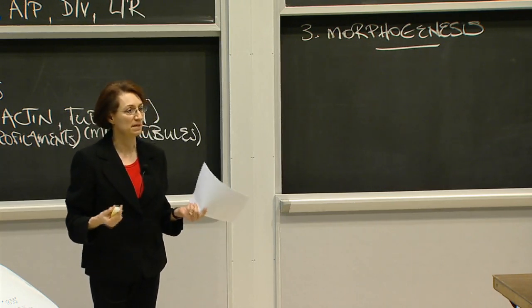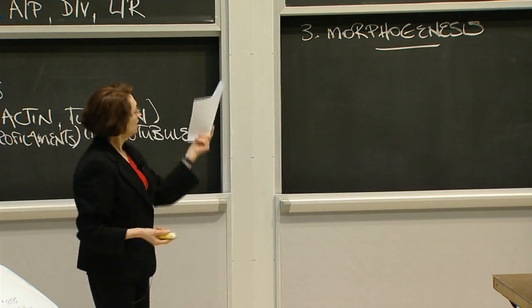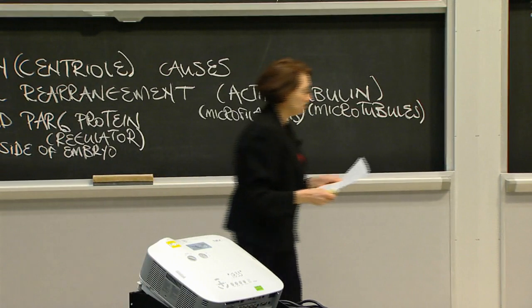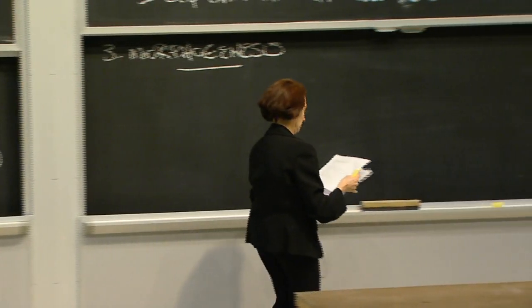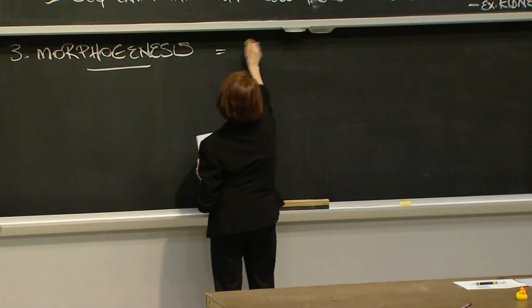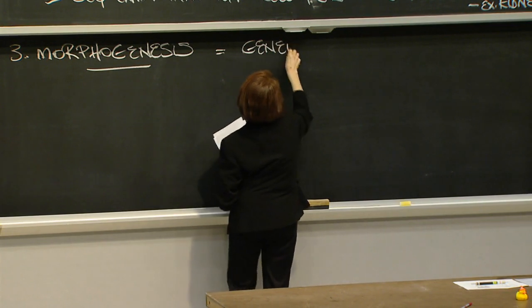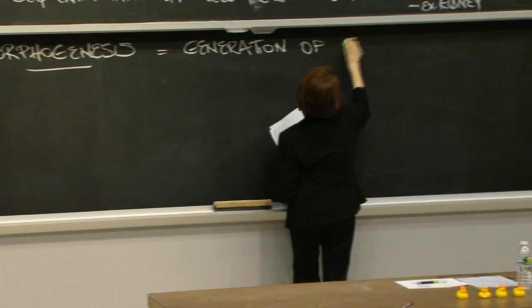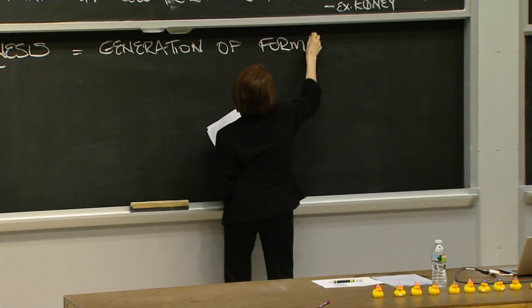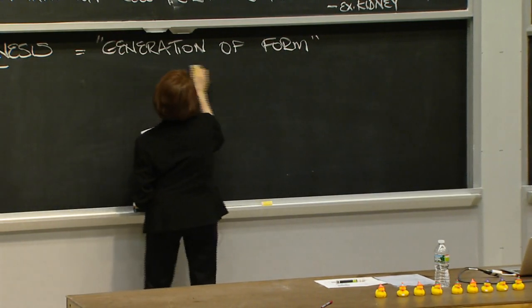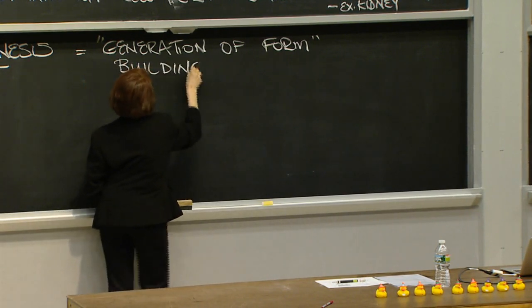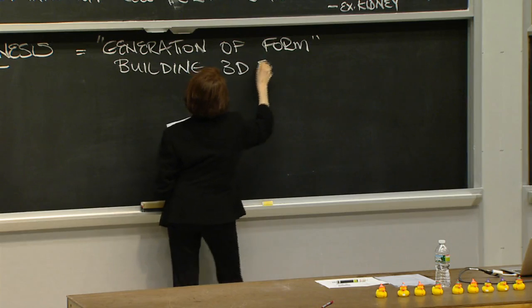That's what it means, building of something. Morphogenesis, building of 3-dimensional structure, or the generation of form is what you'll see. And what that really means is building 3D structure.